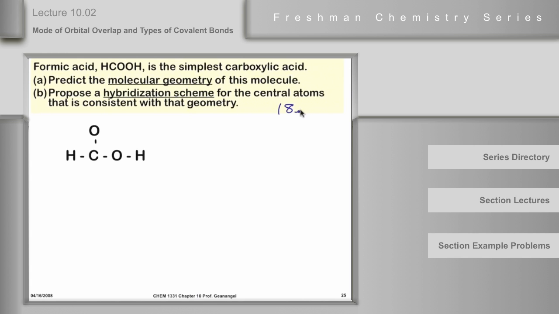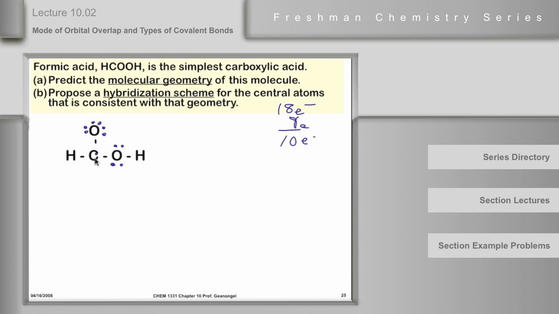This is an 18 electron molecule, and if you put in the single bonds, there are 4 of them, so that's 8 electrons, so we have 10 electrons left. And those 10 electrons can be divided up like this.